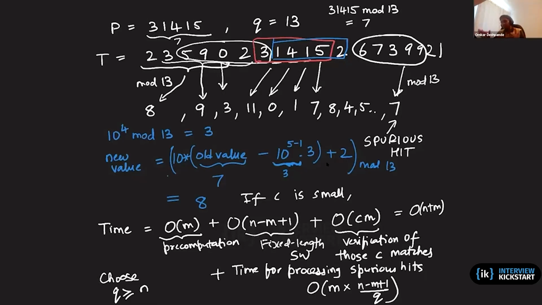And as you move from one window to the next, the hash value can be updated for the new window in constant time. That type of hash function is called a rolling hash. The terminology looks a little different, but it's essentially the same fixed length sliding window problem. So I would actually call this a fixed length sliding window algorithm.